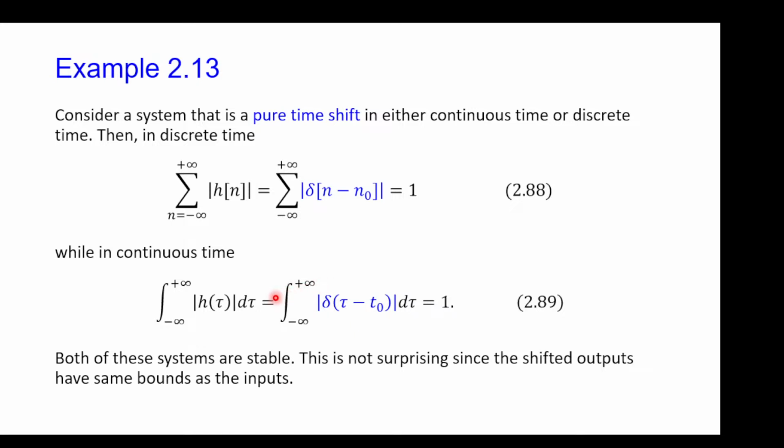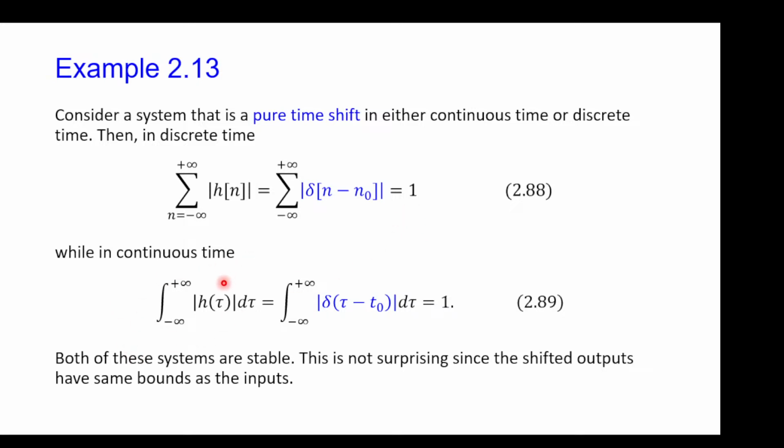So those are time shift functions, and we want to see whether they are stable. We do our check: whether they are absolutely summable or absolutely integrable. We take an absolute value, which does nothing because the delta is nonnegative. Summing over them, you see a whole bunch of 0s and a 1, because it has a single spike somewhere, so the summation is 1.